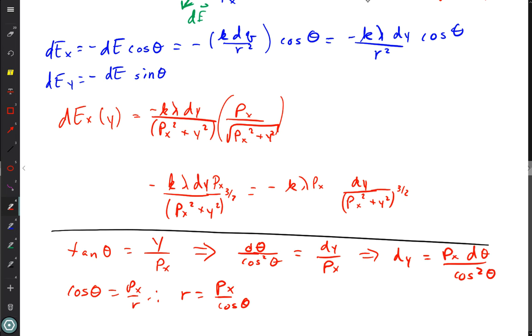Well, substitute this r in. So coming back to this form in blue, I'm going to write in green underneath the blue, equals minus k lambda. And for dy, I'm putting px d theta over cosine squared theta. So there's my dy. Divided by r squared, so divided by px over cosine theta quantity squared, and then times cosine theta.